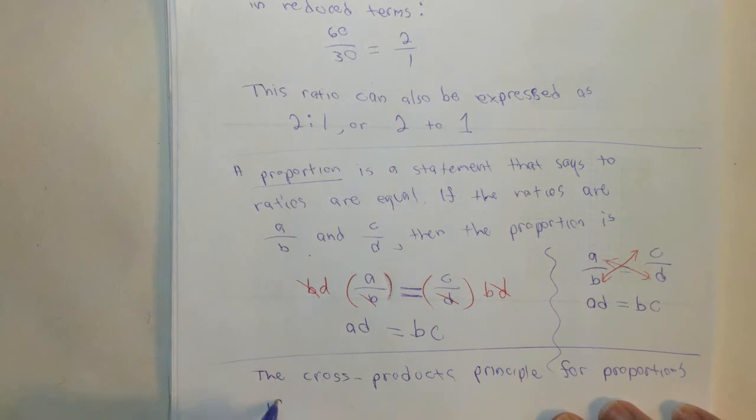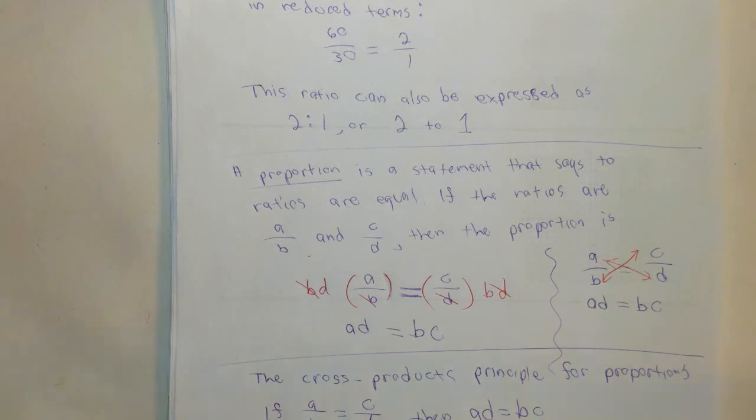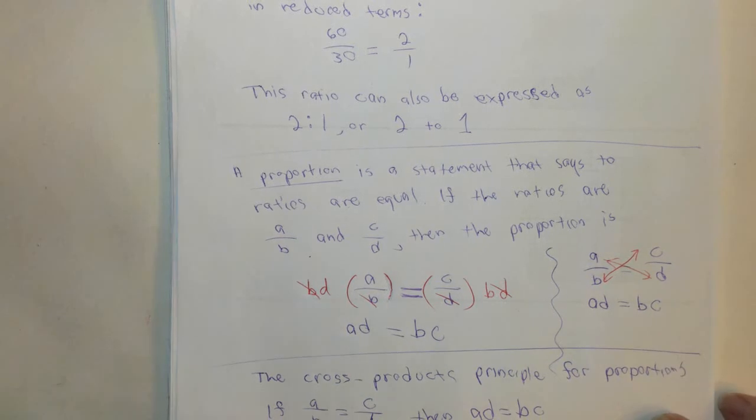So if A over B is equal to C over D, then AD equals BC, provided that B and D are not equal to 0.